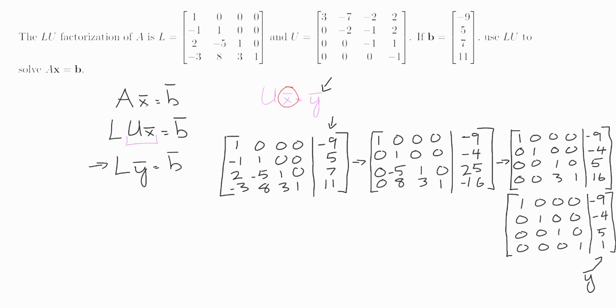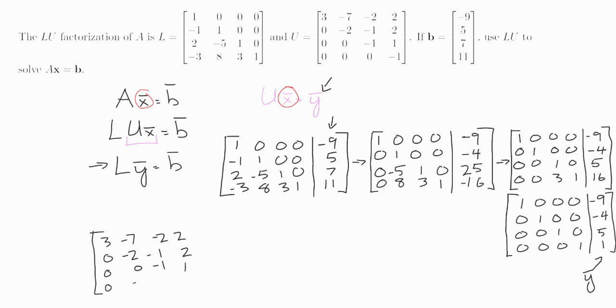All right, so let us set up this second augmented matrix using now our U matrix. And we're going to augment the U matrix with this new y that we just found.